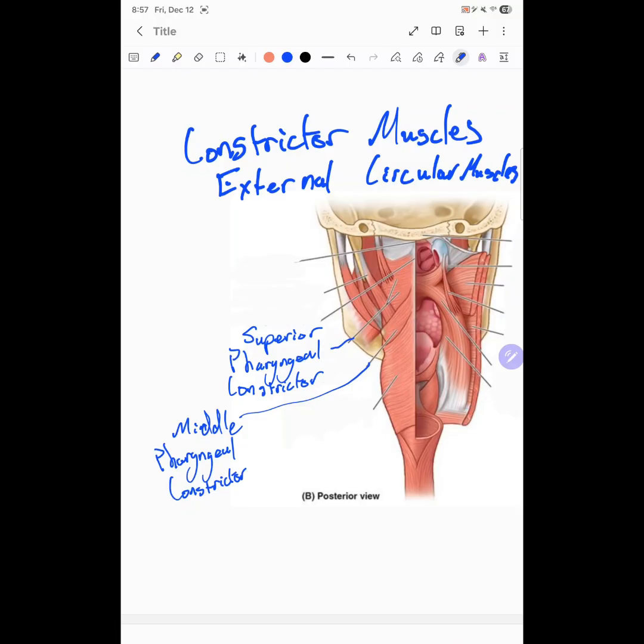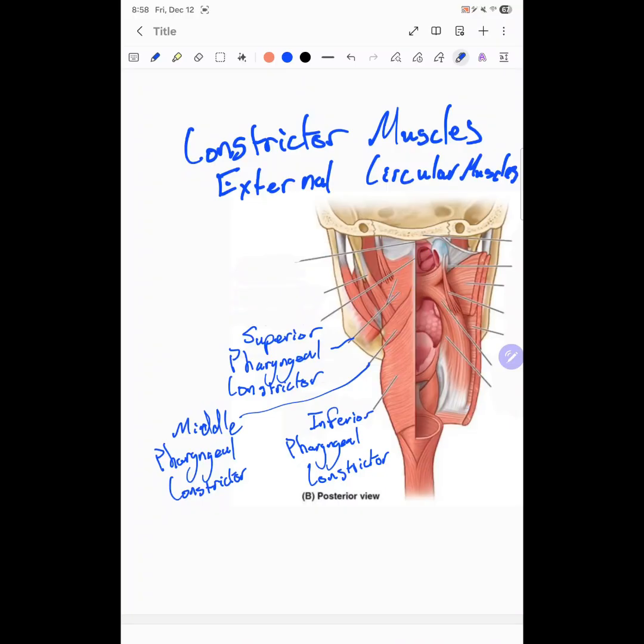Next, we're going to talk about the inferior pharyngeal constrictor, this muscle. It is the lowest part of the pharyngeal constrictors. So first, let's label it. This one does not insert on the pharyngeal raphe, which is this right here.